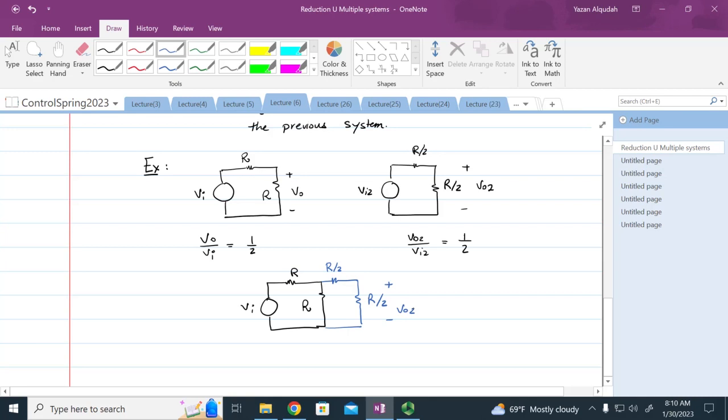If we cascade them together, then what is the gain going to be? 1/4. Is that the right answer though? No, it is not the right answer.